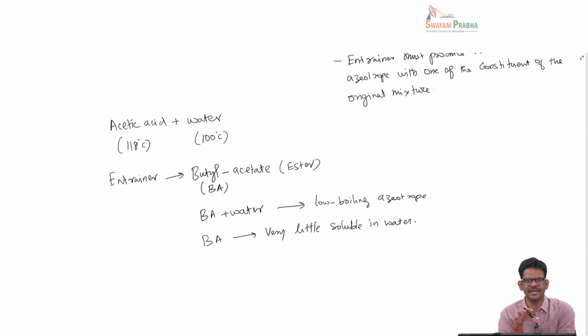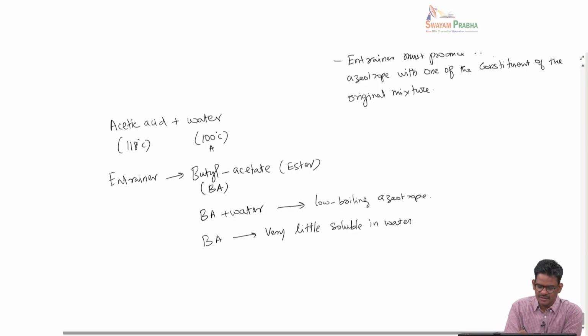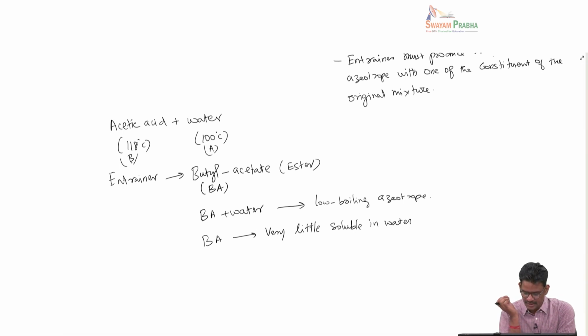Here, for the acetic acid water system, people have chosen butyl acetate as a potential entrainer because it serves this purpose of forming a low boiling azeotrope with water. Water is the more volatile component here, by the way, because it has the lower boiling point.